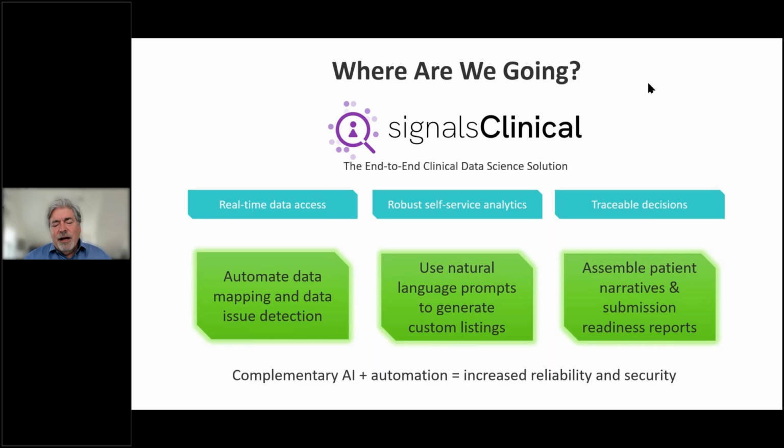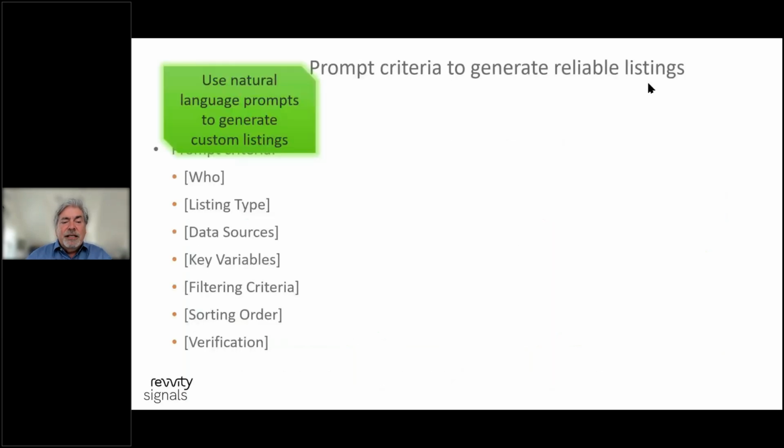Part of our thinking is that we don't want to plug in AI just willy-nilly. We want to pair AI with the correct automation to give the combination increased reliability and security, because security and reliability are key for us.